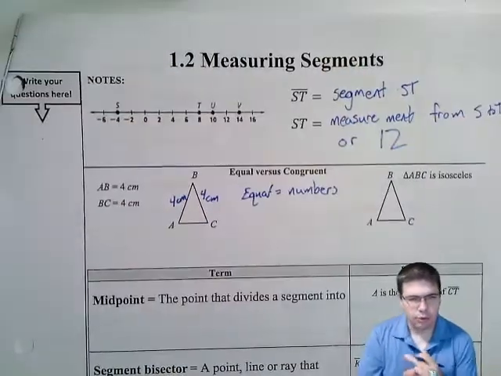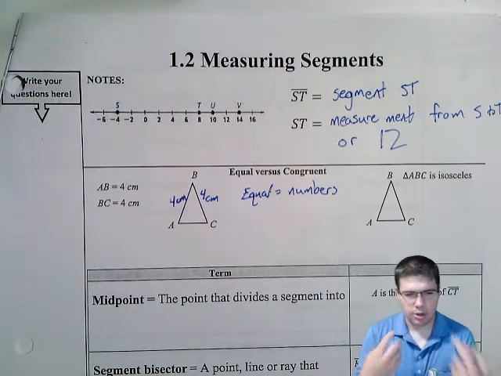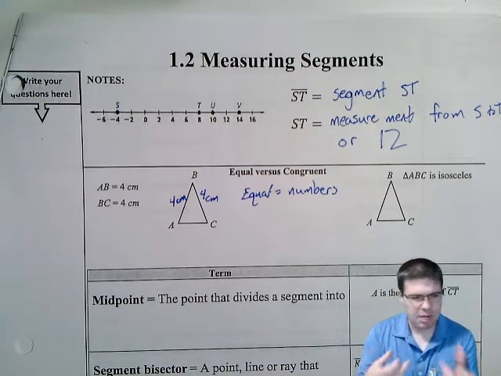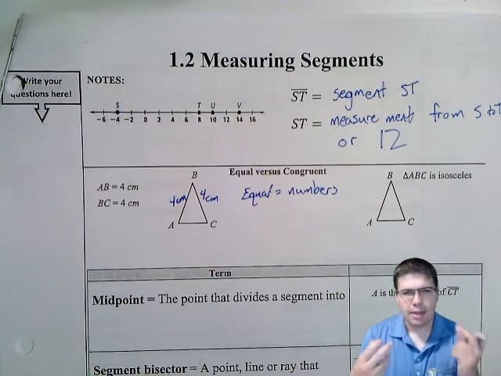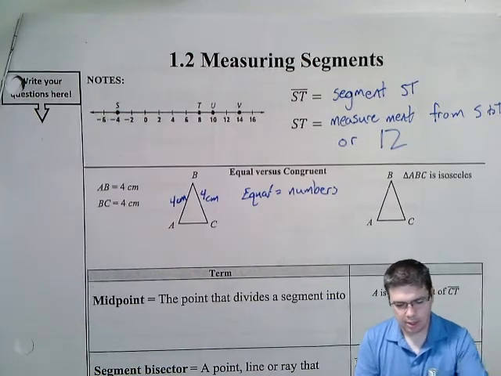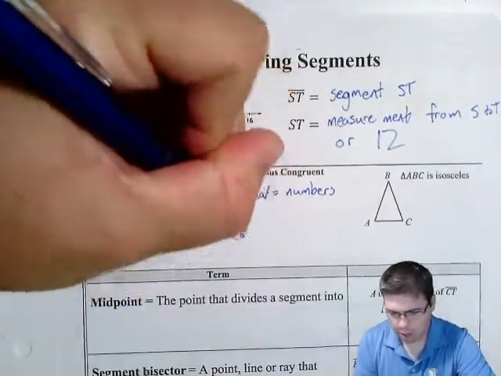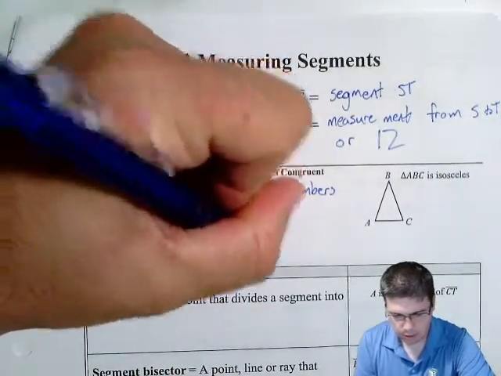Congruent is the idea that if two numbers are the same, they're equal. If two pictures or images are the same, then we say that they're congruent. So that's the difference between those two terms. Congruent is for pictures or images.